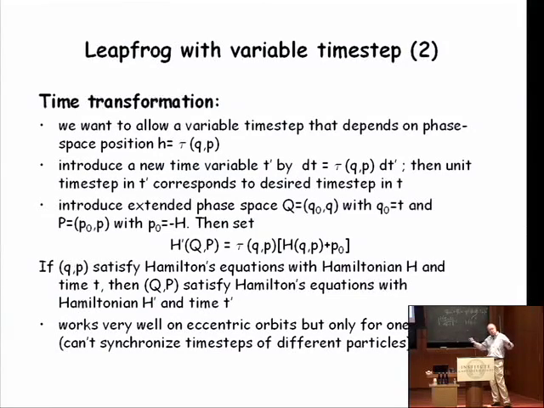And when you're transforming the fictitious time, everything has to have the same time scale in order to calculate forces simultaneously. And so you're always stuck with, it works well for one particle, but it doesn't work well for many particles, because you're always stuck using the smallest time step for any particle for all the particles.